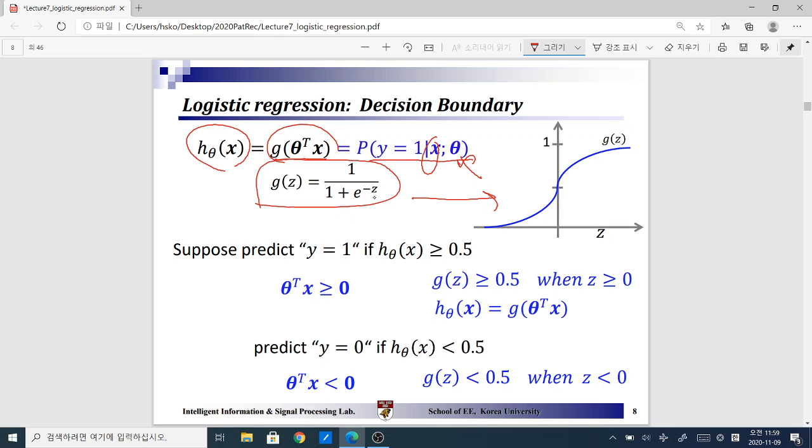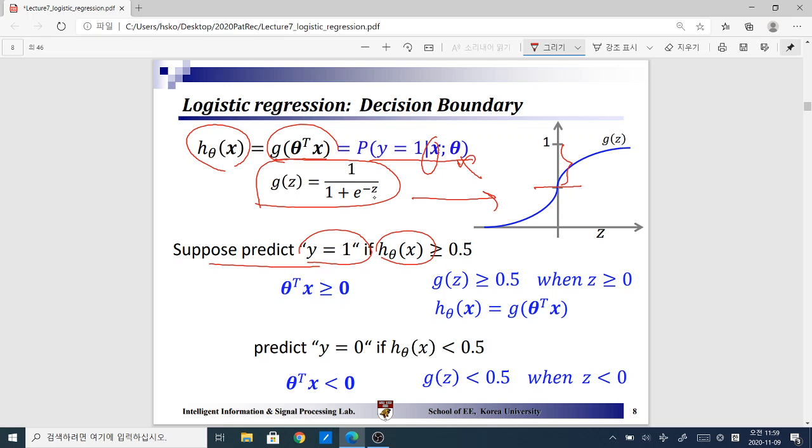So in this case, we can predict, for example, once again, y being equal to 1 if the hypothesis function itself is greater than or equal to 0.5. That is, if it is 0.5, we are talking about right here, right?